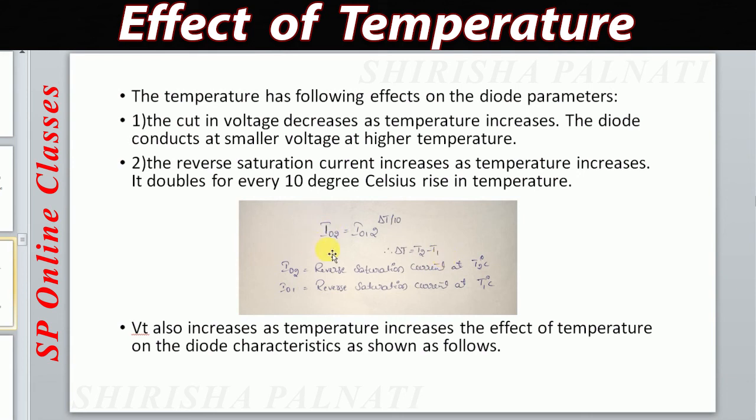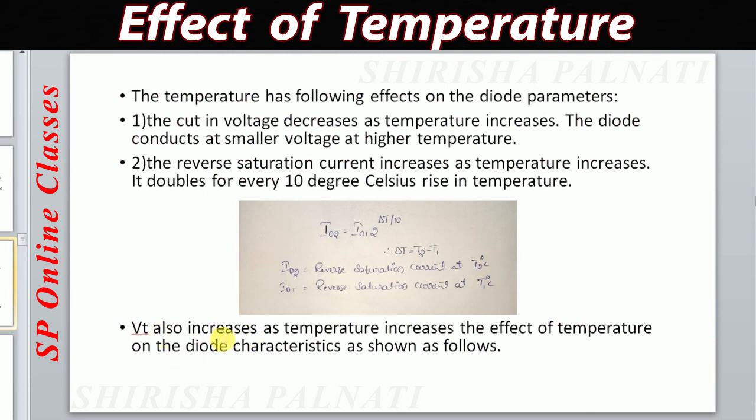I02 is the reverse saturation current at T2 degrees Celsius and I01 at T1 degrees Celsius, meaning the first and second temperatures.